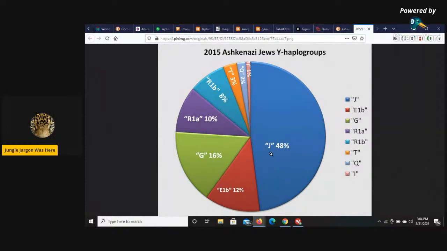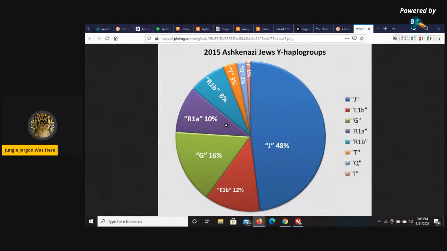48% J, which is both J1 and J2. We see the E1B, which is probably the Canaanites. We see the G, which is the Assyrians. And we also see the T and the Q, which are descendants of Japheth.